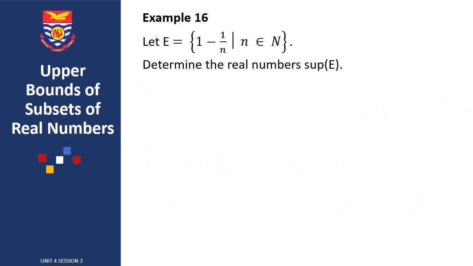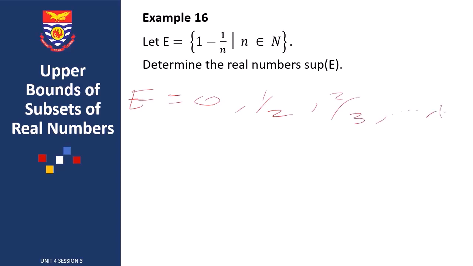Let E equal 1 minus 1 on n, where n is a member of the natural numbers. We want to determine the sup of E. So how do we determine the sup of E? First, we list down the elements. E equals: we put 1 inside, get 1 minus 1, that is 0. I put 2 inside, 1 minus half, I get half. I put 3 inside, I get 2 on 3, in that order.